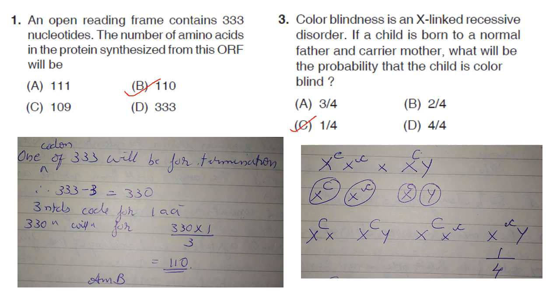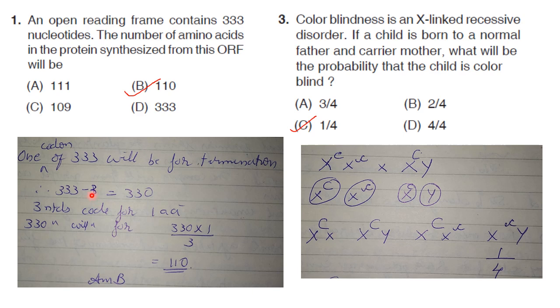So coming to the first question. An open reading frame contains 333 nucleotides. The number of amino acids in the protein synthesized from this open reading frame will be. One of the 333 codons will be a termination codon, so 333 minus 3, that is 330, because the termination codon doesn't add an amino acid.